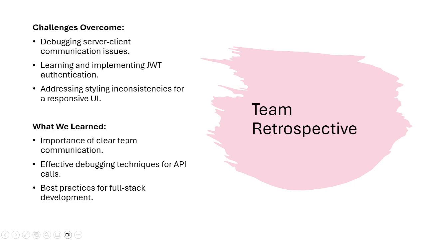We learned the importance of clear team communication and effective debugging techniques for our API calls. We also learned best practices for development. It was a good experience for everyone because we were new to this, and all our members tried very hard on this project, and we did almost everything successfully. I couldn't show you the demo, but it is what it is, right? I could show you how it really worked, but at the moment it doesn't.